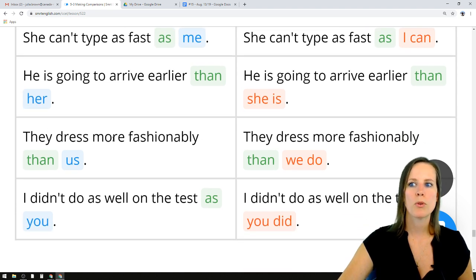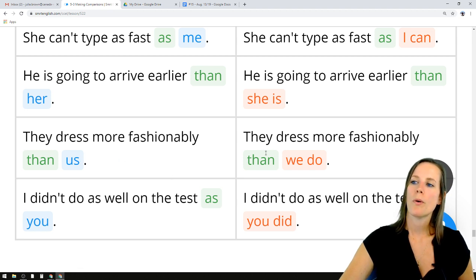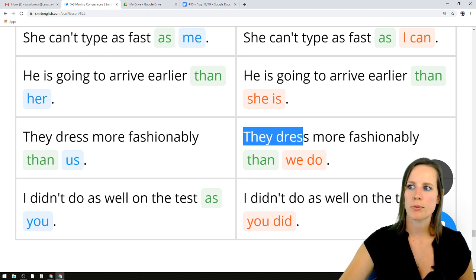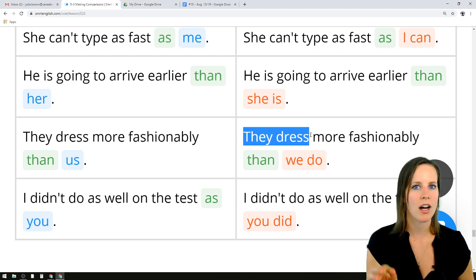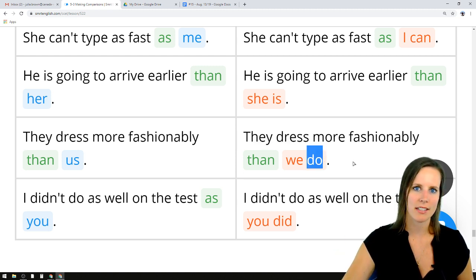They dress more fashionably than us. Casual. Or they dress more fashionably than we do. So here, this is a present simple sentence, so there is no auxiliary verb do, but you need to remember to add it. Okay, so you're adding it in the end.